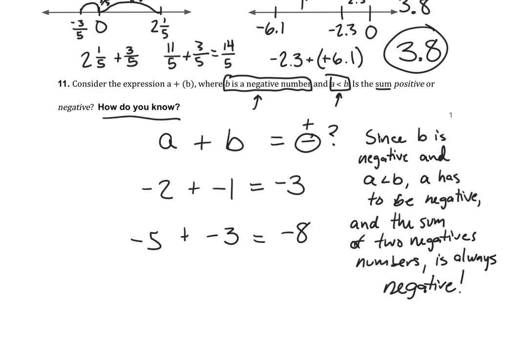Just by looking at that, no matter what b is, a has to be smaller, so a has to be negative, and I will always end up with a negative answer.